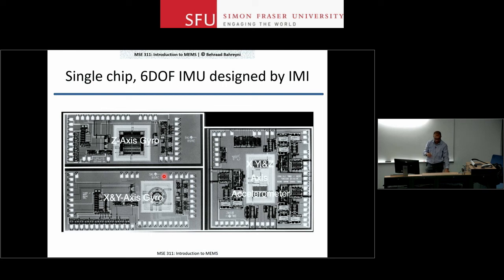It measures roll, yaw, and pitch for the angular rate and acceleration in x, y, and z. What we have here is a 3-axis accelerometer at the corner of this package, and 2 gyroscopes, a 2-axis gyro and a single-axis gyro over here.